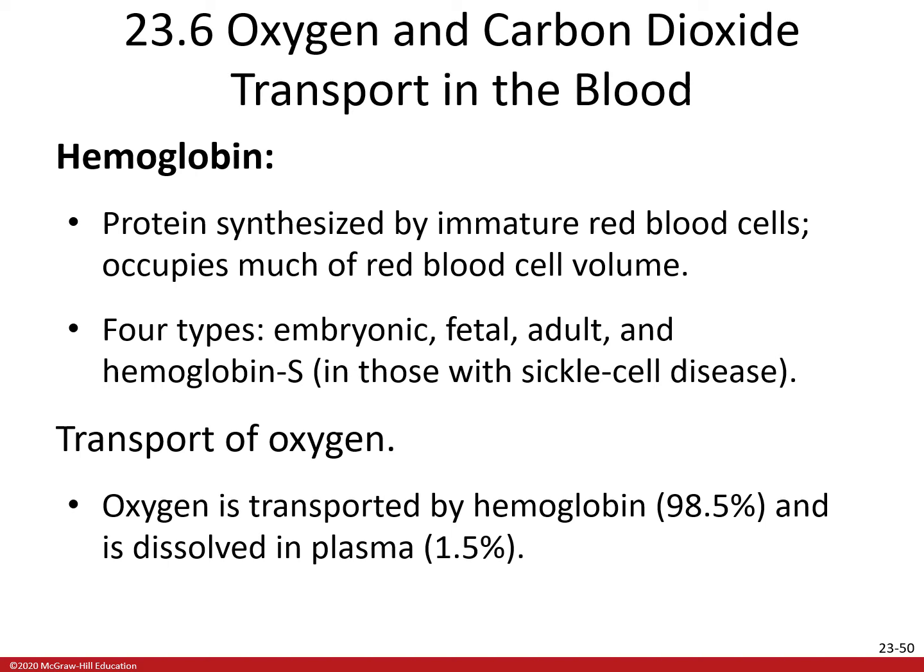So there are 4 types of hemoglobin. Embryonic and fetal are exclusively found at those stages of development. More commonly there is adult hemoglobin, which is the type we were discussing in chapter 19 when we were talking about blood. And the last is hemoglobin S, which is found in individuals suffering from sickle cell disease.